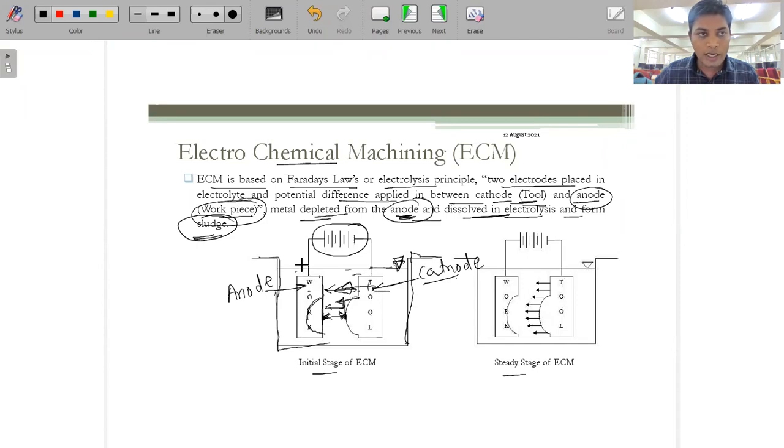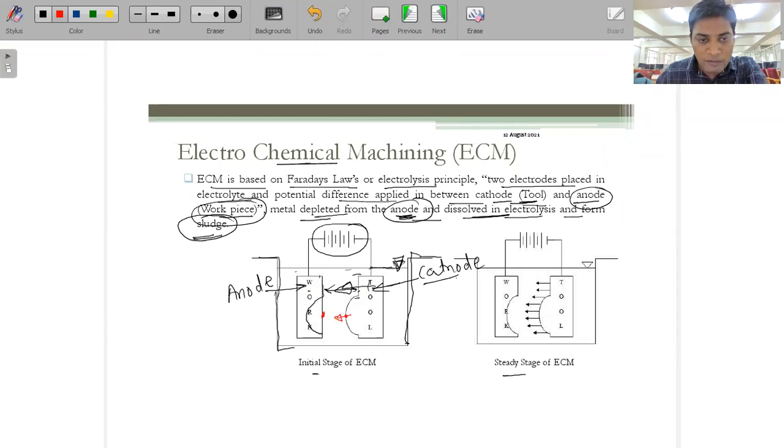Okay, so if you see, as you are moving toward this side, this point is the top point, which means it is the nearest point from the tool side to the workpiece. So this point will initially come close to this cross section area, not in contact, but the minimum gap will be there.